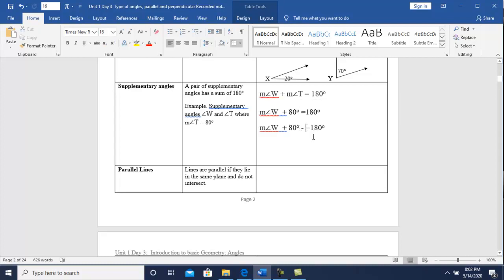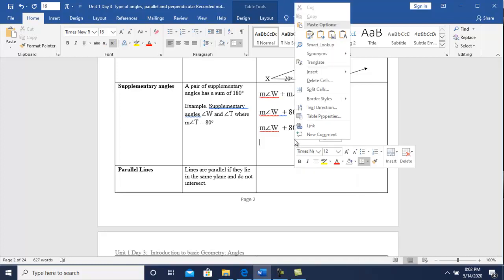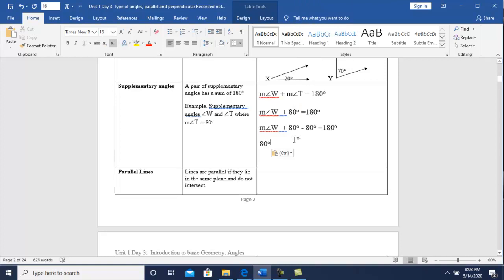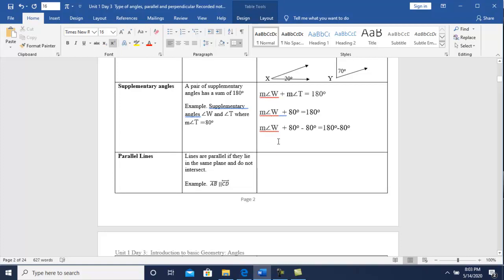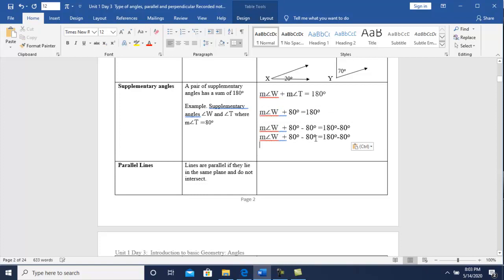Then on the left-hand side, the 80s are going to cancel out, and our answer is going to end up being 100.